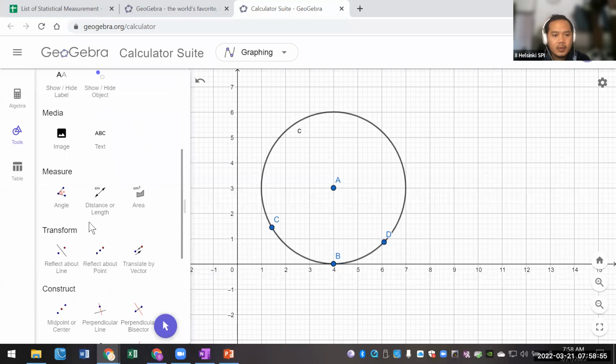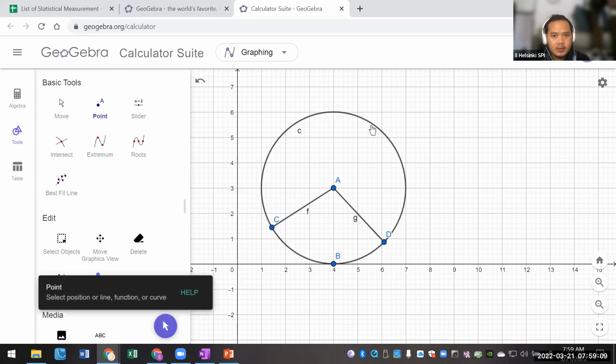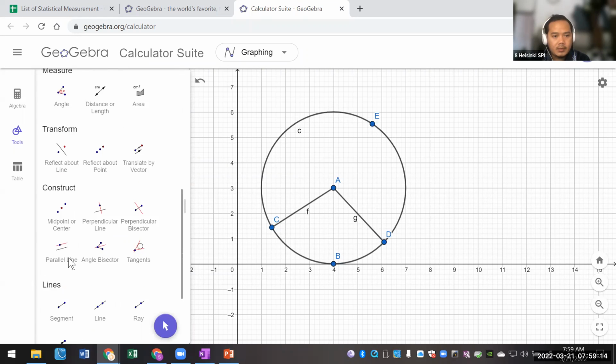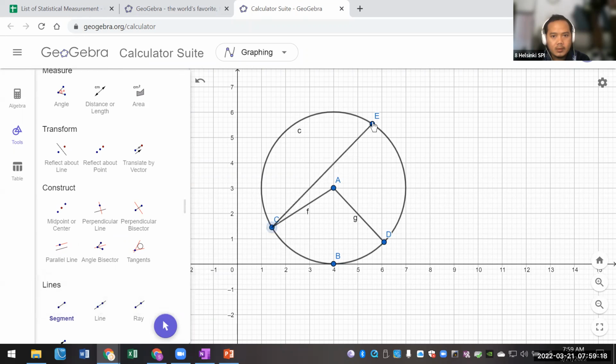And then I'm going to make a line segment from here to here and from here to here. And then another line is from here to, okay, so let me make another point over here. So I'm going to make another line segment from here to here, and to here.